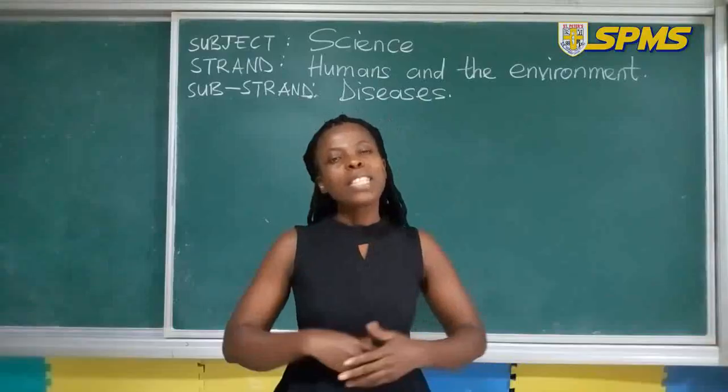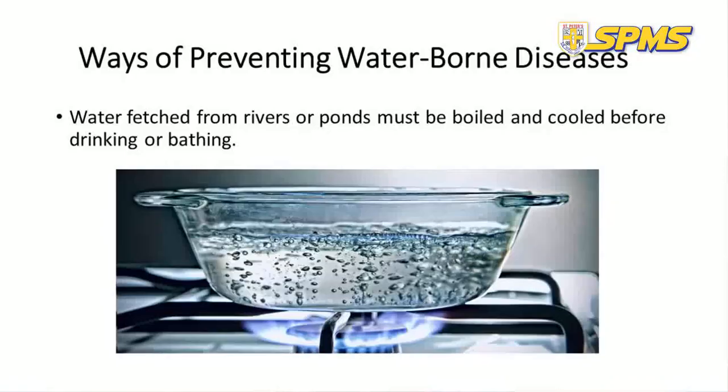Alright, what are the ways in which we can prevent these waterborne diseases? Can you think of one? Okay, one common way in which we can prevent these diseases is by boiling the water. So, water fetched from rivers or ponds must be boiled well before drinking or bathing.